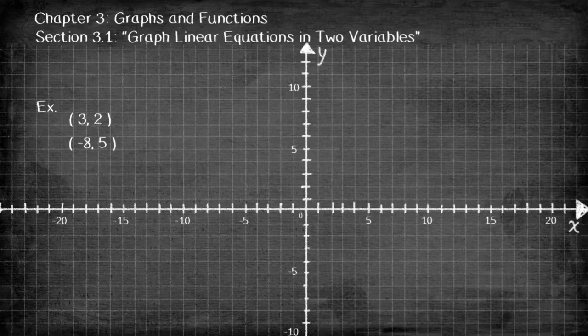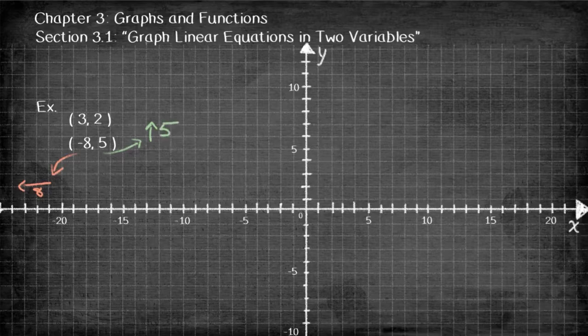All right, another example. Here we have (-8, 5). So the negative 8 here, since it's negative, means I am going to be left 8 units. And the 5 is positive, so again, I'm going up 5 units.